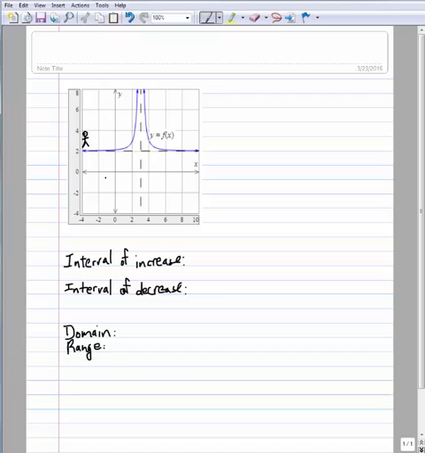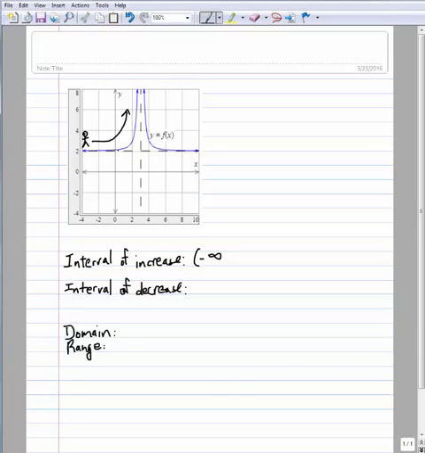So let's get started. This graph goes on forever to the left, so we're starting at negative infinity. As we begin to walk, we can see that we're going up a hill, so we start off increasing, from negative infinity to some value. Let's just keep going until we're no longer going up the hill on this x-axis.